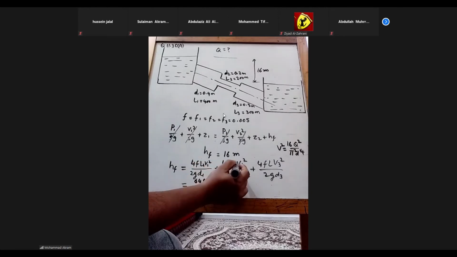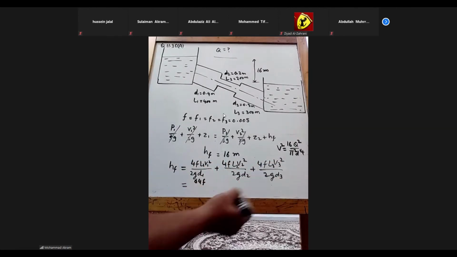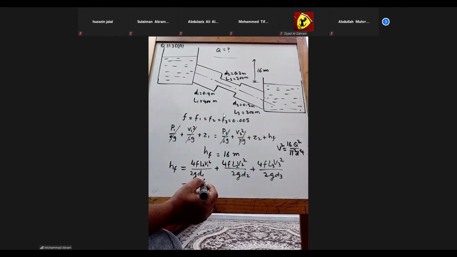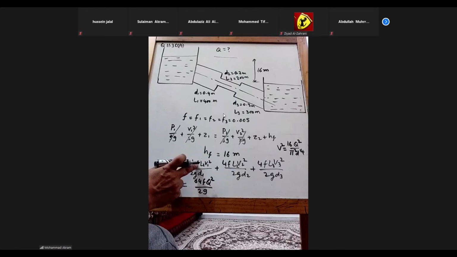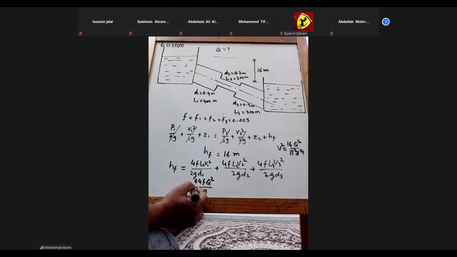Then 16 into 4 will be 64 f, with L1, L2, L3, and Q square divided by 2g, which will be common everywhere. So 64 f Q square divided by pi square into 2g is common.